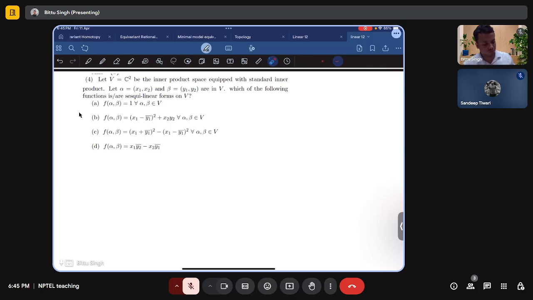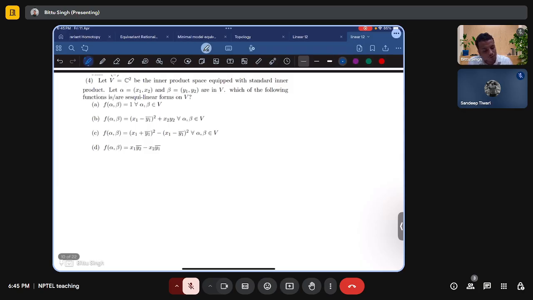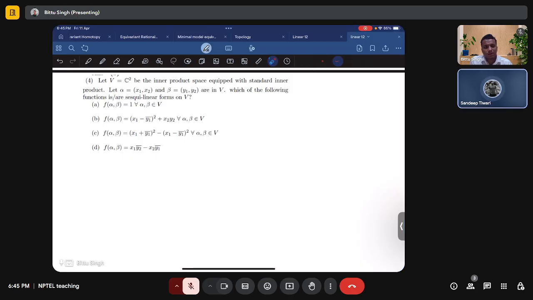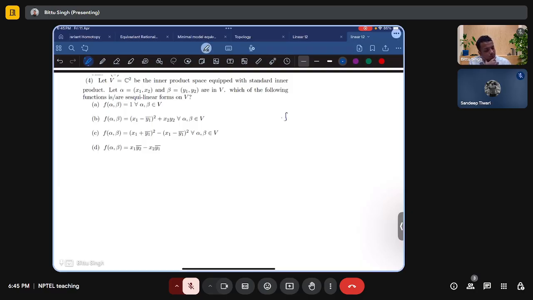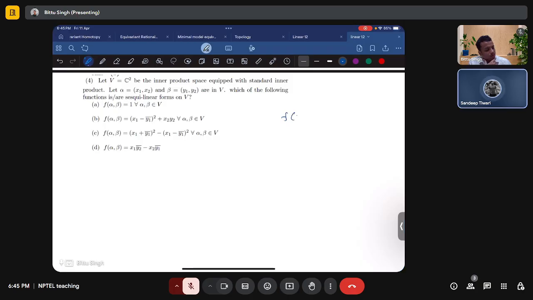Now we need to check which are sesquilinear forms, or simply which are forms. To check something is a form, we need to check those properties. A is not a form. Why? It is not linear.